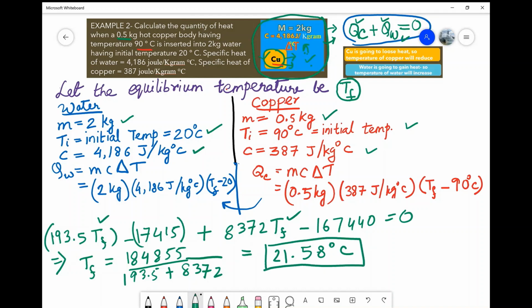So basically you are solving for TF by equating QW with minus QC. Looking at the temperatures, what was the temperature of water initially? It was only 20 degrees Celsius, and now it has only increased to 21.58 degrees Celsius, whereas the copper was 90 degrees Celsius and has reduced to 21.58.